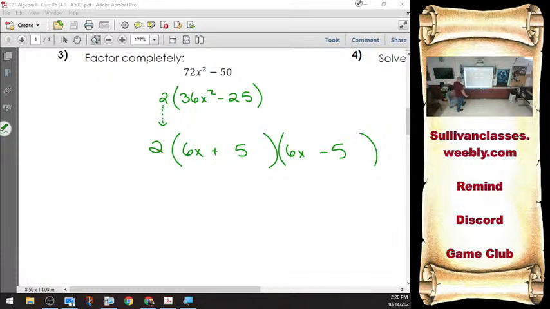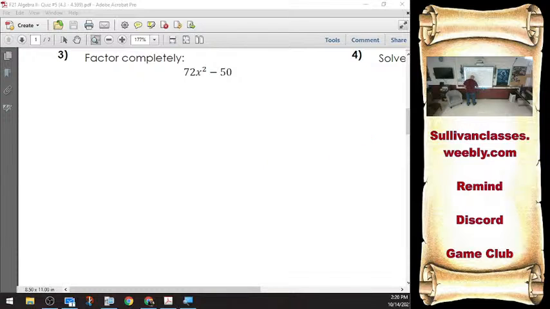All right, so no idea what number 3 is on your quiz. I just know it's going to be a special one. It's going to be some special format. Okay, alternatively, what if I ran across 2 and then it was 36x squared?